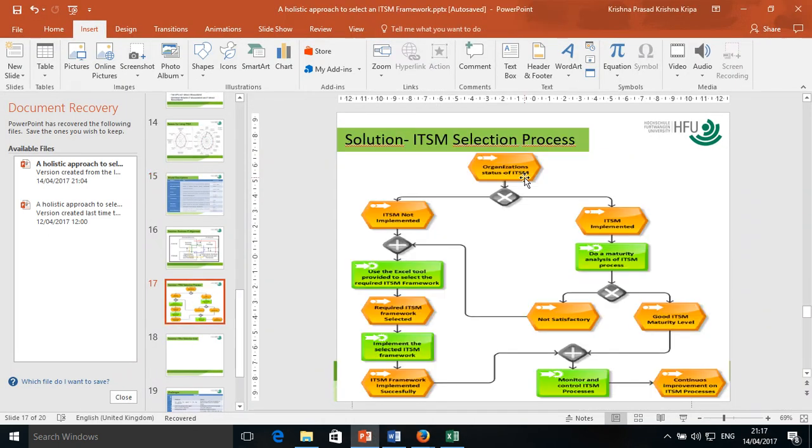When you do maturity analysis, when you do all these things, at the end, this is a never-ending process. So one must always plan for continuous improvement.